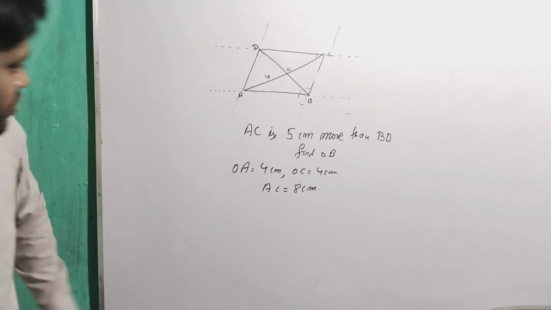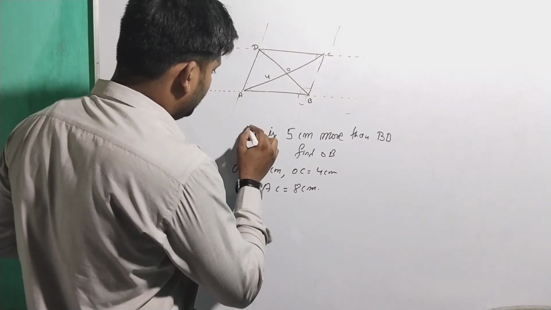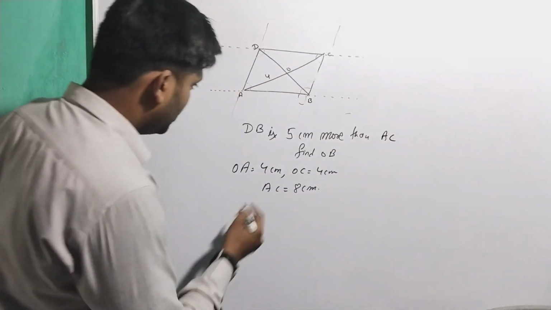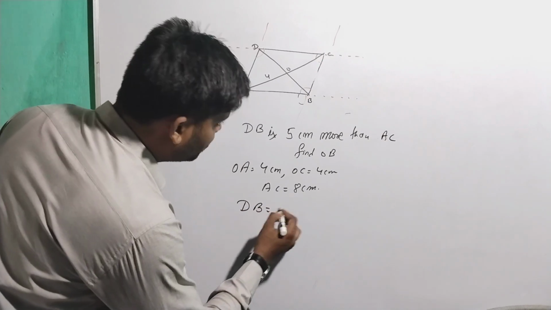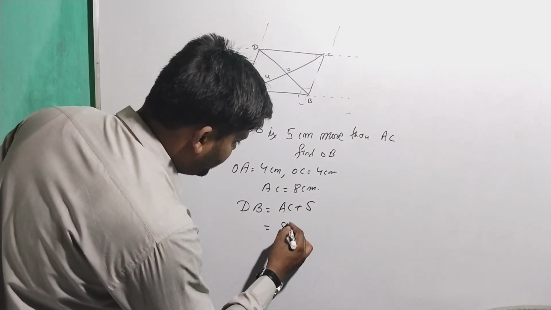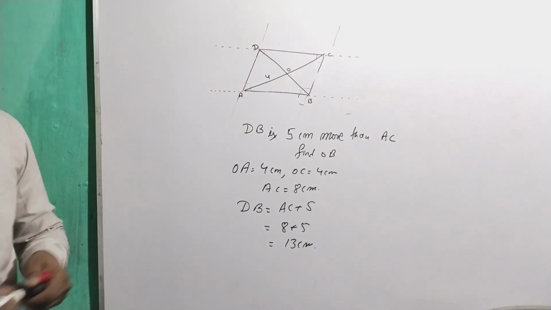They gave the opposite of what I have written. Maybe this will be DB is equal to 5 more than AC, so AC plus 5, where the AC value is 8, plus 5 equals 13 centimeter. So we got the BD value.